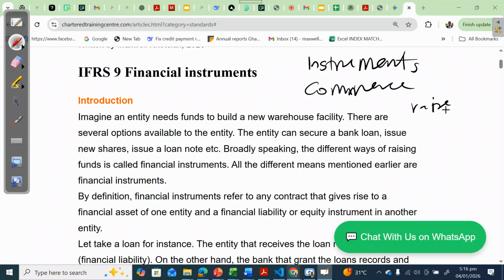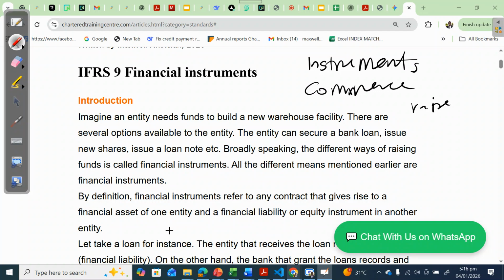It's also a contract. Every financial instrument has two parties. It's a contract between two parties. One person is the one who is issuing the financial instrument. The other party is the one who is receiving it.